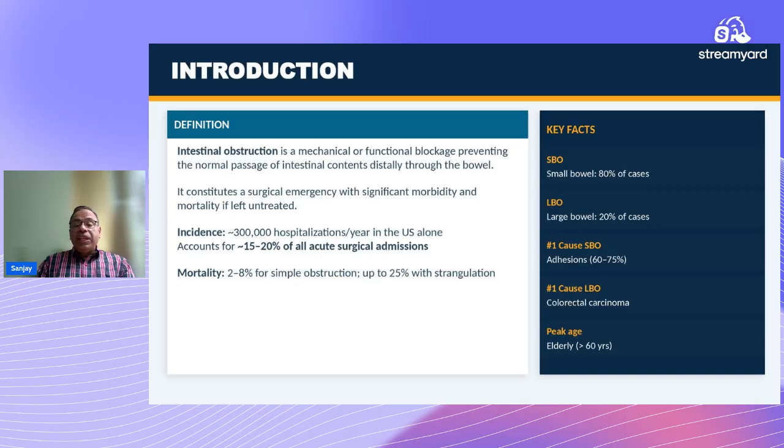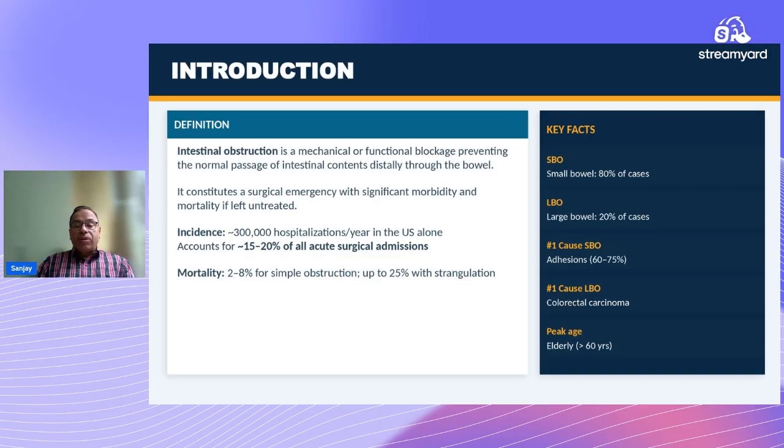Just some key facts about intestinal obstruction. Small bowel obstruction constitutes almost 80% of cases of intestinal obstruction, as compared to large bowel obstruction, which causes only the remaining 20% of cases. So, small bowel obstruction is by and large the more common variant.